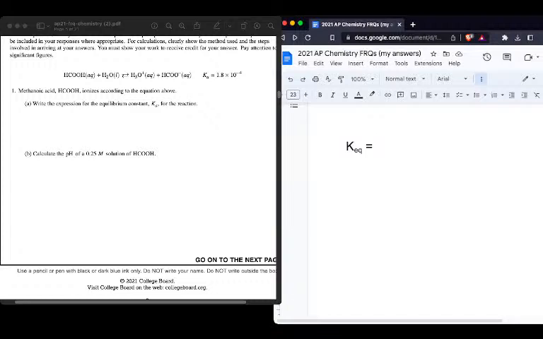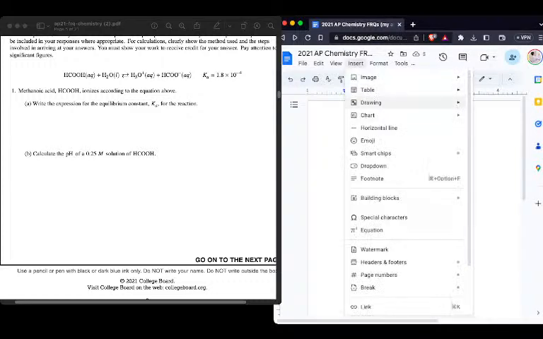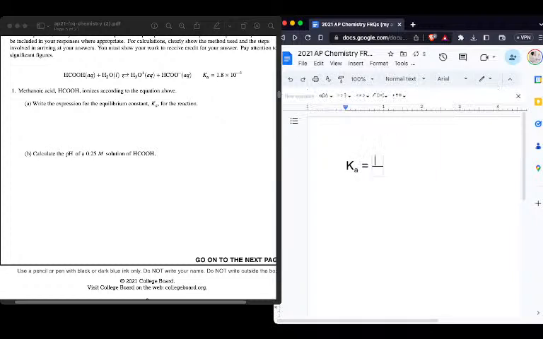You're only going to use things that are aqueous and maybe gases in those K expressions. So, in our case, KEQ and specifically Ka here, and that's because it is an acid dissociating, is the products over the reactants. I'm going to use a formula for that, or rather, I went to insert equation.